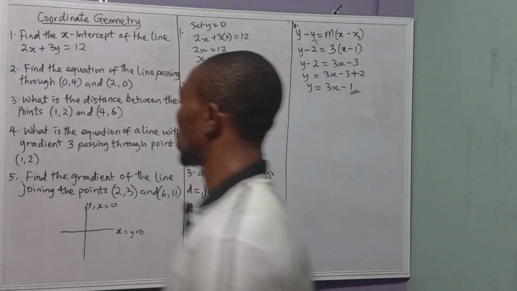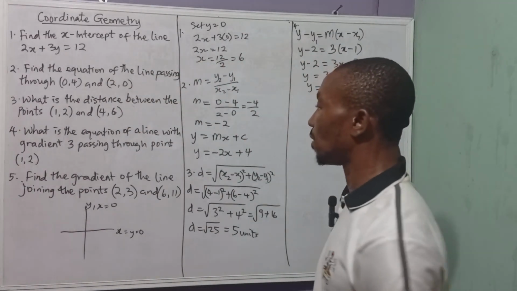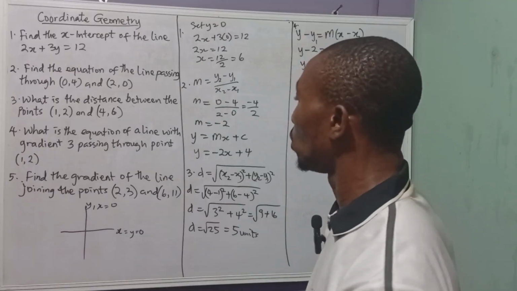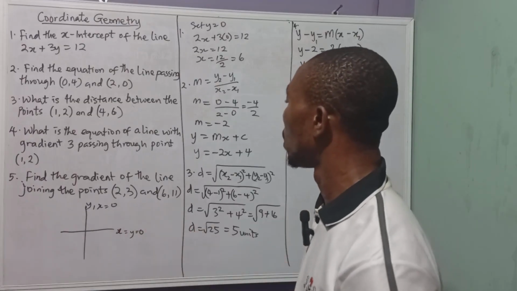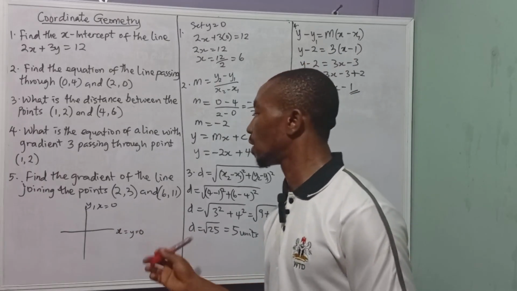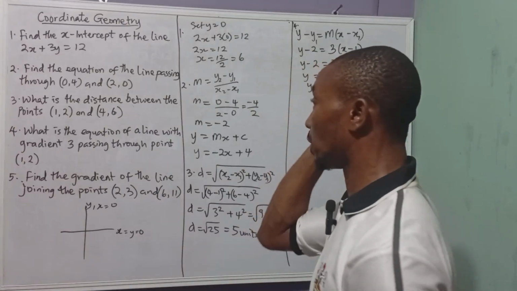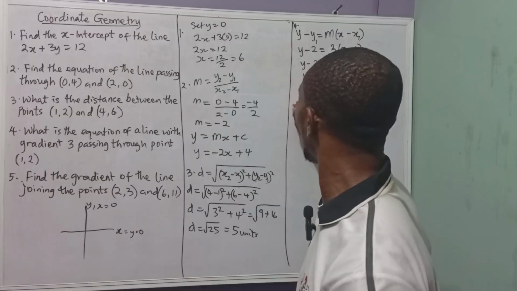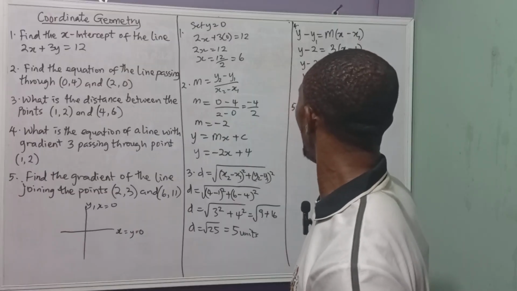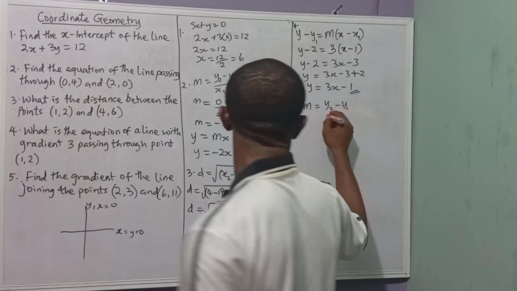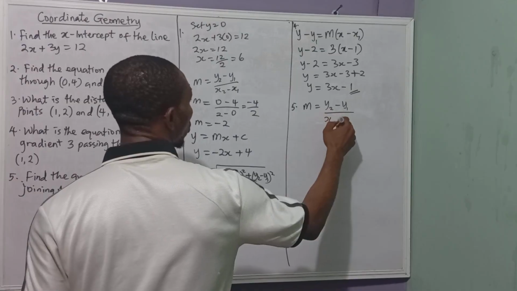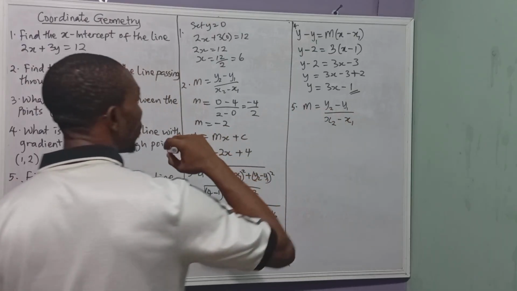Our next question says, find the gradient of the line joining points (2, 3) and (6, 11). For us to find the gradient, we'll be using the formula that says m, which is gradient, equals y2 minus y1 all over x2 minus x1.